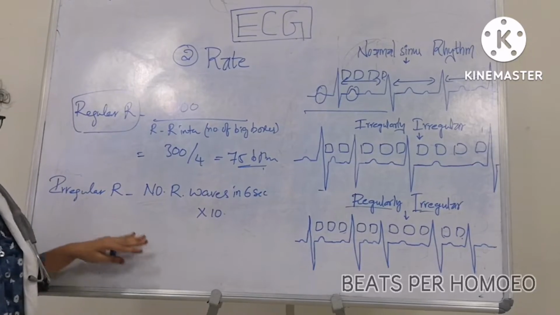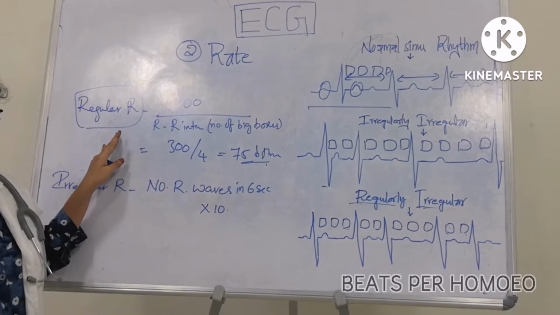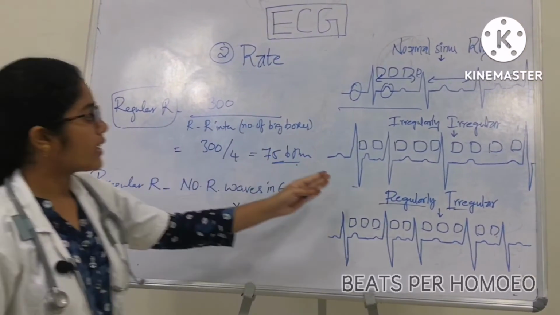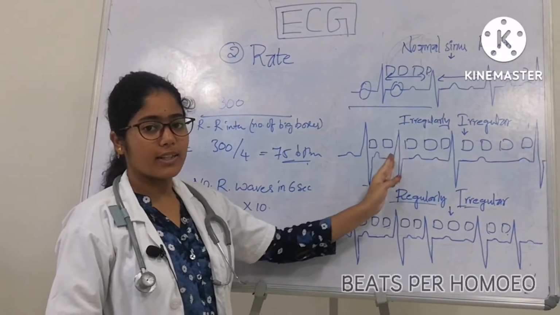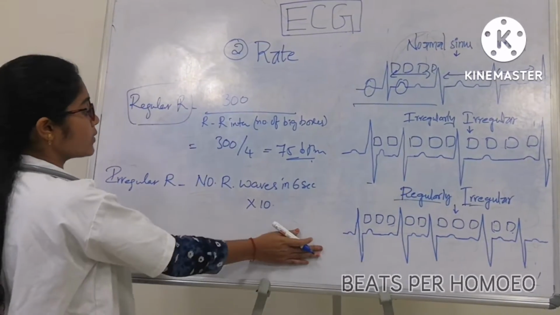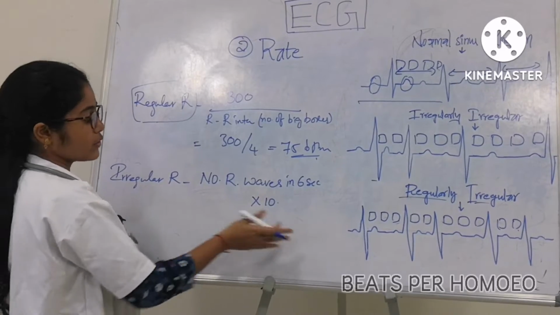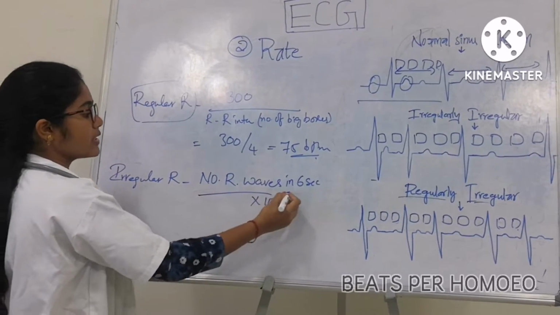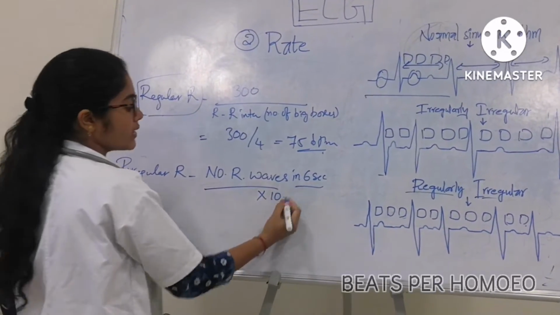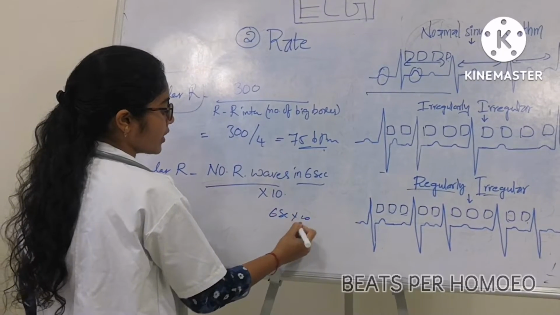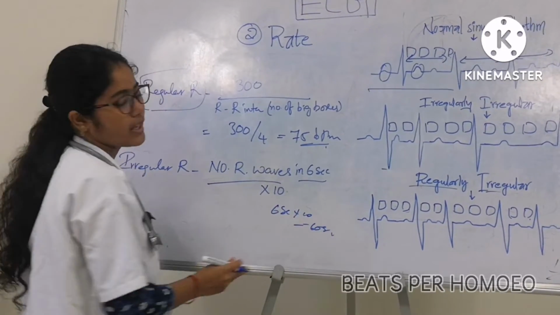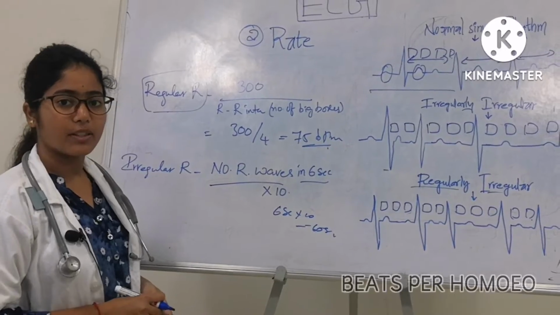When we come to an irregular rhythm, we should not follow the 300 formula because the RR intervals vary at each step. So for this we follow this formula: number of R waves in 6 seconds times 10, because 6 seconds times 10 gives 60 seconds, that is 1 minute. Usually we calculate the heart rate for 1 minute.